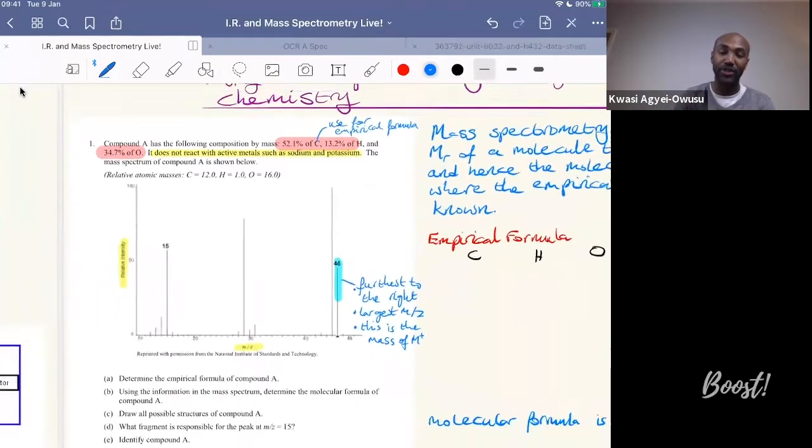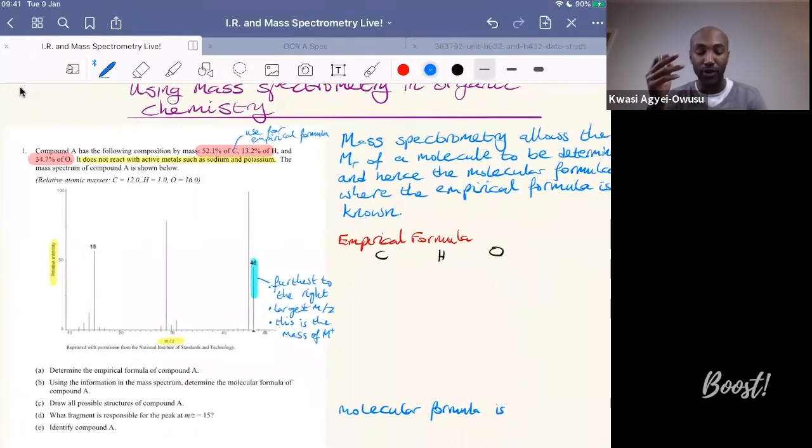But first of all, let's use the data we've got so far to work out the empirical formula for this compound. Okay, so we've got percentage composition of carbon being 52.1%, so we've got 52.1 divided by 12. And then we've got the percentage composition of hydrogen being 13.2, so 13.2 over 1, of course, is 13.2.